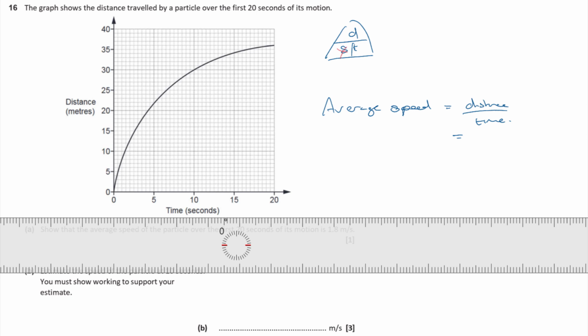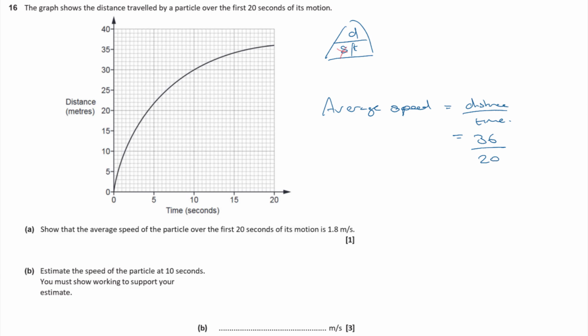So then the average speed is going to be the 36 meters it's travelled in the 20 seconds that it took. So what's that? Dividing by 2 is 18. So it's going to be 1.8, I guess. So that's 1.8. Okay, so the average speed is 1.8 what, meters per second? Yeah, we've done it there. So show that it's 1.8, we showed it's 1.8. I suppose we could just put the unit on the end to really show it.